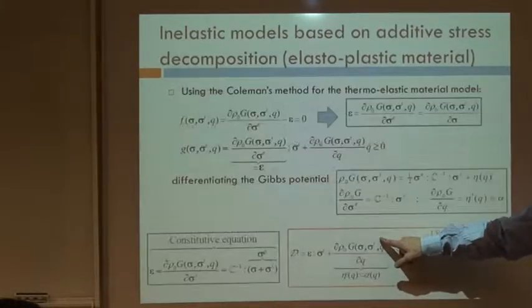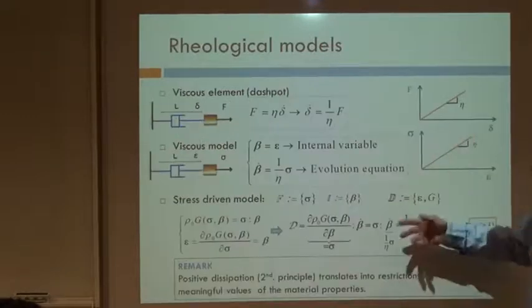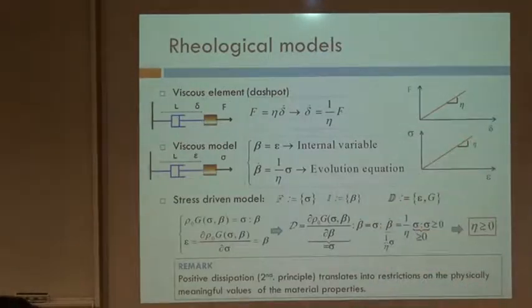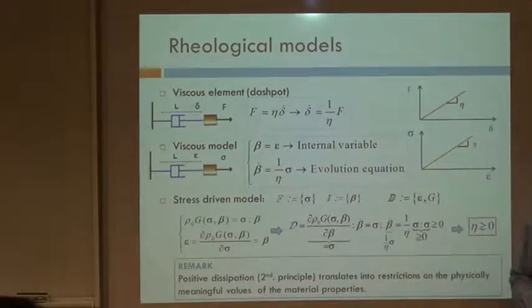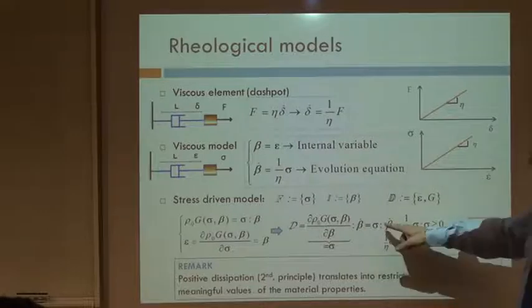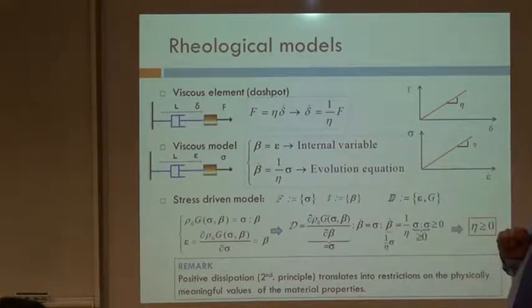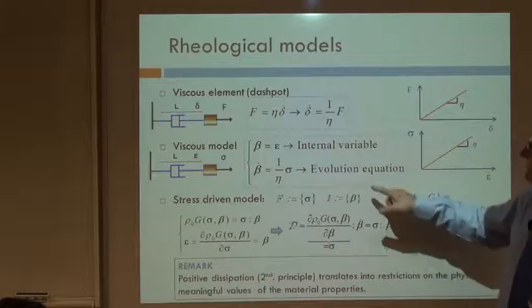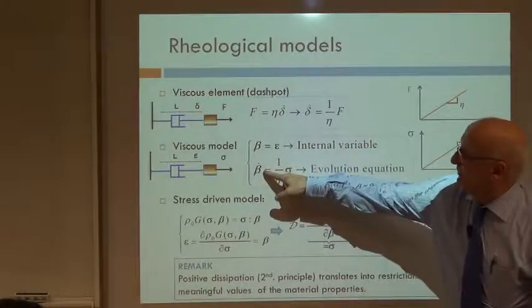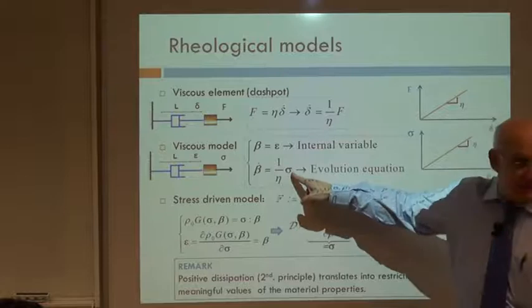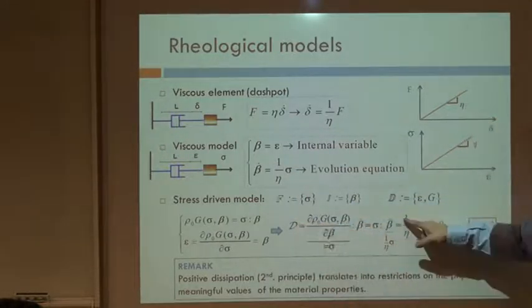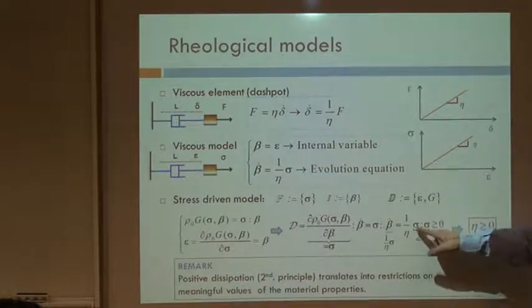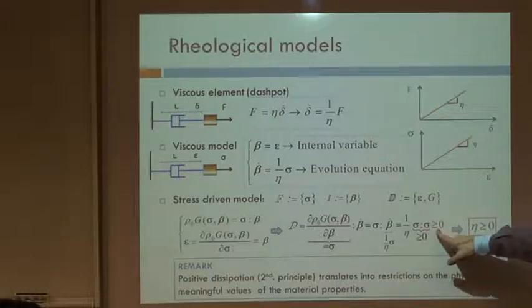So, in the context of the thermodynamic framework we have visited, the dissipation should look like that. But look, sigma times beta dot we can rewrite, since beta dot in terms of the evolution equation is 1 over eta times sigma. So let's replace it. See, the dissipation is 1 over eta, the viscosity, times sigma double dot sigma, and this has to be greater than 0.